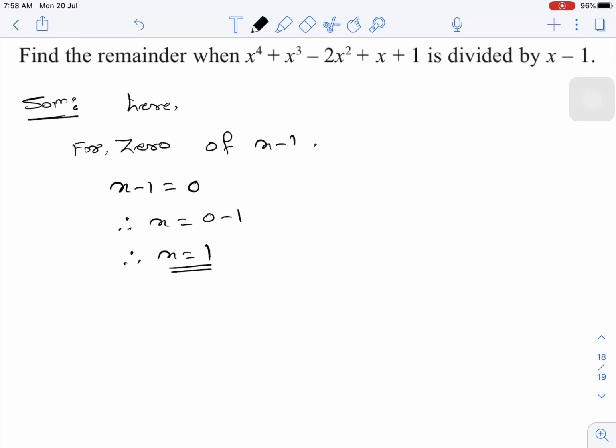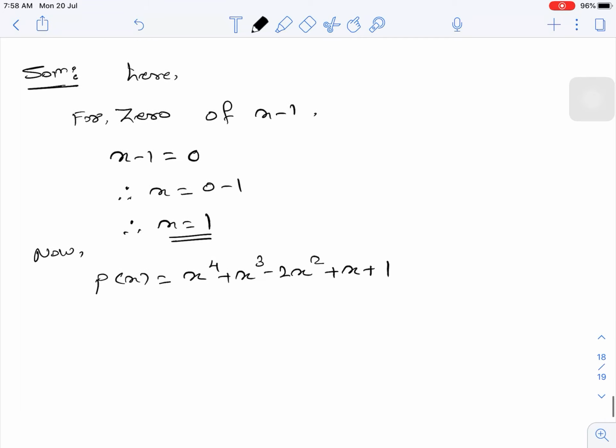So p of x equals to x raised to 4 plus x raised to 3 minus 2x square plus x plus 1. Therefore p of 1 equals to, wherever x is there we will consider its value as 1. So 1 raised to 4 plus 1 raised to 3 minus 2 into 1 square plus 1 plus 1.